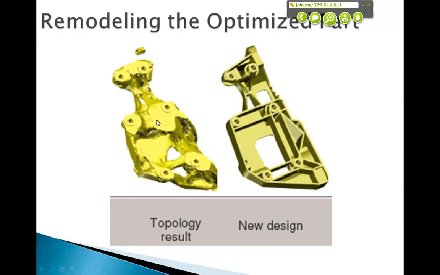So even though we output only one representation of the optimized part, you can play with that slider bar inside of OptiStruct to watch how this part gets reduced. And by watching that, it will give you some idea as to any webbing or internal structure that needs to be added to the part.